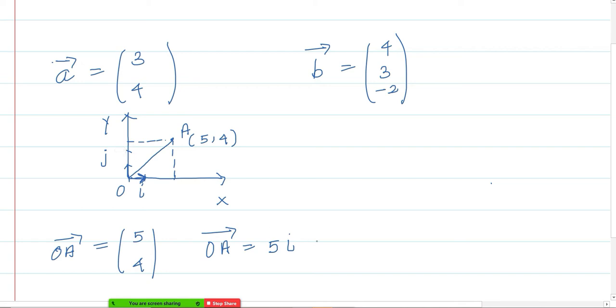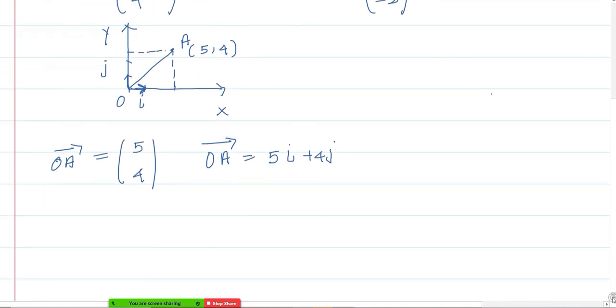So if you write 5i plus 4j, that denotes 5 steps in the i direction, which is along the x-axis, and 4 steps in the j direction, which is actually along the y-axis.